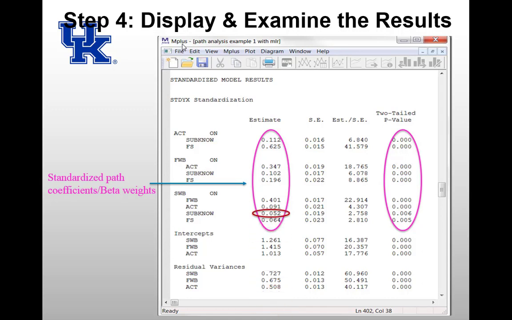Although you can see some of them, like this one, subject knowledge, which is financial knowledge predicting overall life satisfaction, is quite small, right? It's 0.05. Think of it as like regression, standardized regression beta value. And the financial skills predicting overall life satisfaction is also quite small, about 0.06.